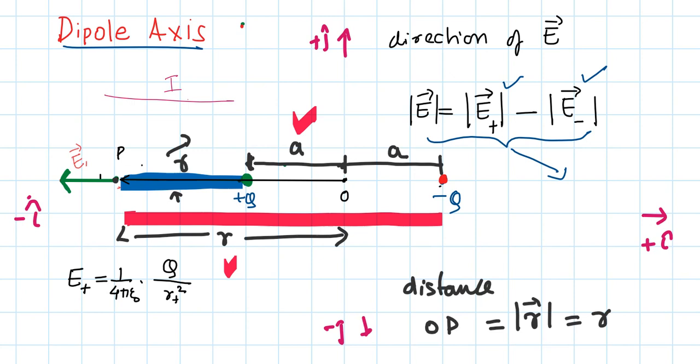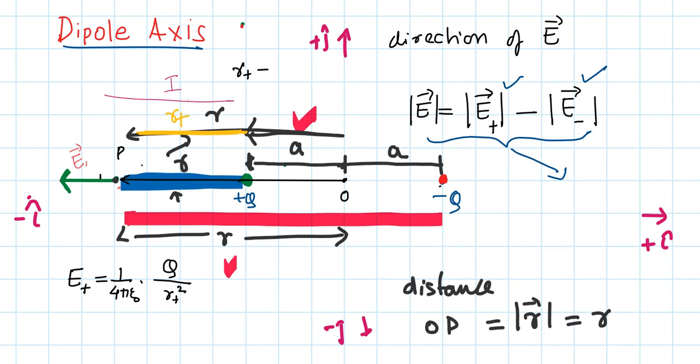You already know the distance from O to P, that is R, and you know the distance from O to plus Q, which is A. So the remaining distance will be the blue strip, the R plus, right? So what is R plus?